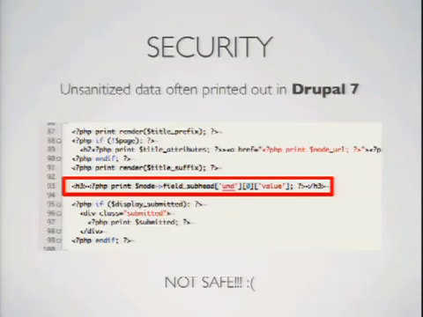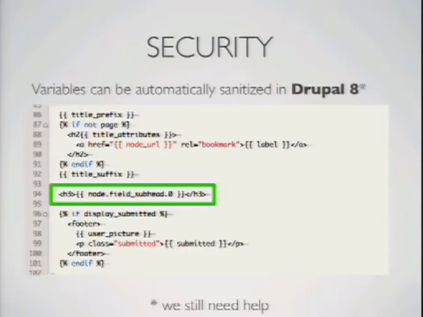Yeah. And also what you could do in Drupal 7, more from a security standpoint, you could just print out unsanitized data. And there was even at one time a change from title to label, but if your theme was still using the old way because it was not yet adjusted to that change, then immediately you would have a cross-site scripting attack.